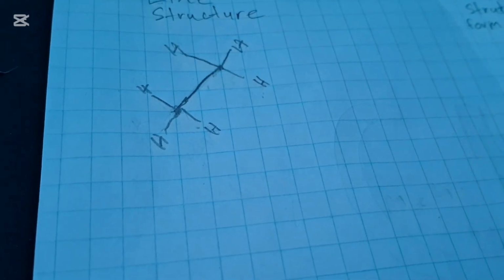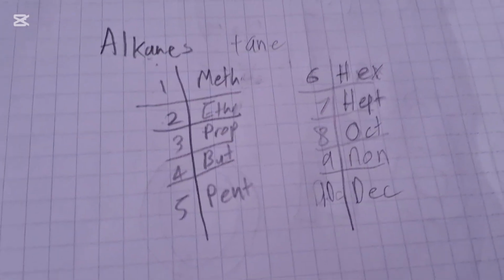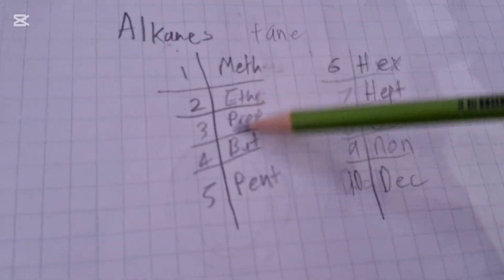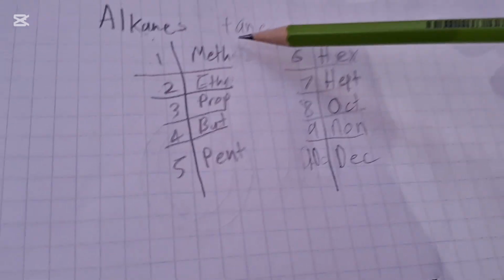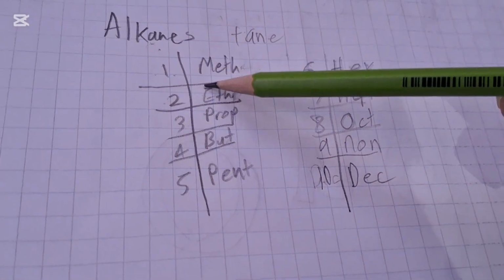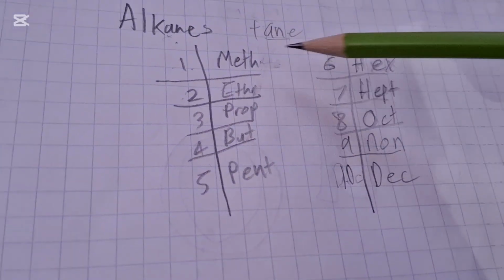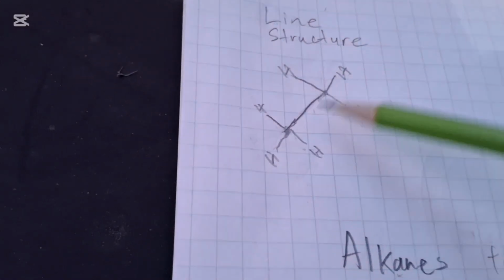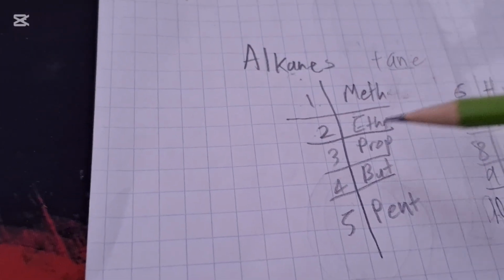Now we will learn about alkanes and their prefixes. So guys, this is the prefixes chart for alkanes. I would say, okay, if it's one carbon, methane. If it's two carbons, it's ethane. So you see the earlier example, it was two carbons, and that's why it is ethane.